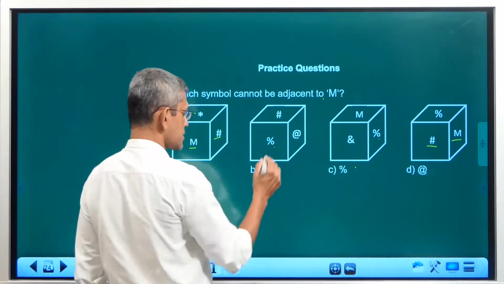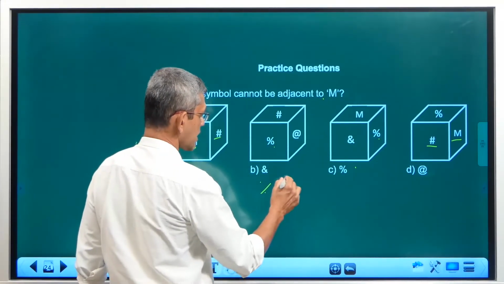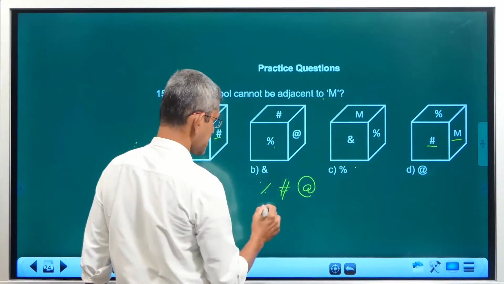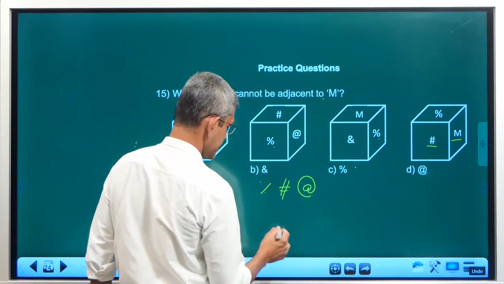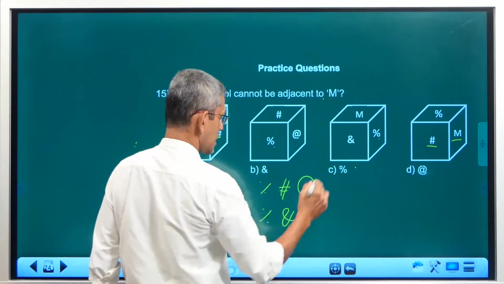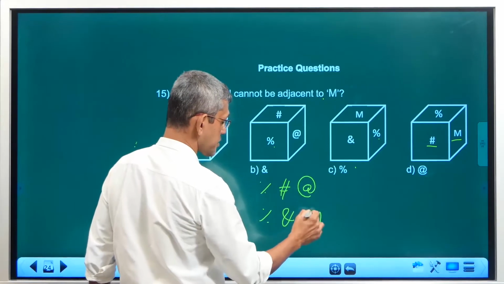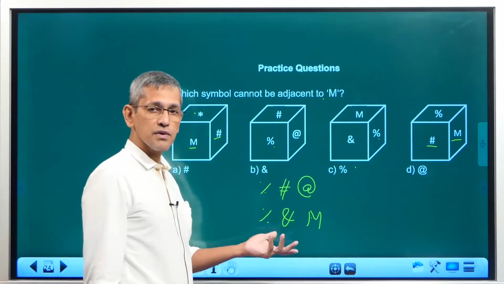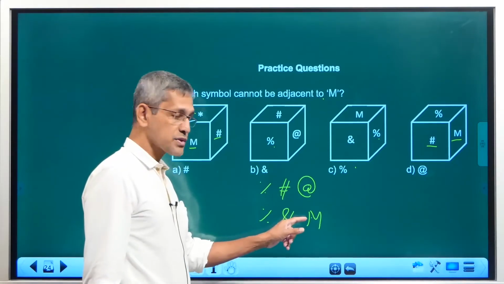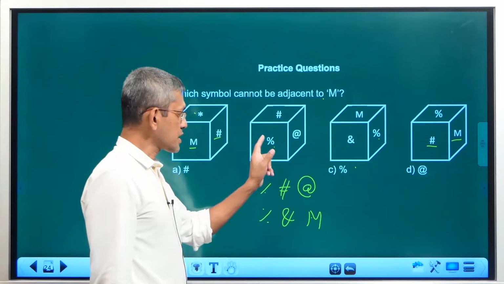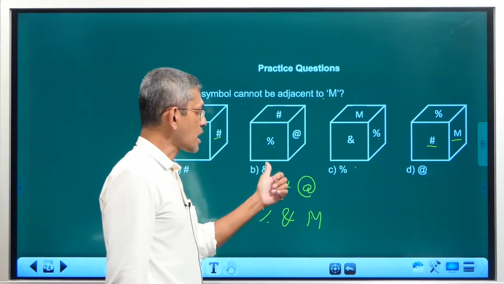So percentage, we have hash, we have at. In this case, we have percentage, ampersand. So that means the and sign and M. So M is opposite to at, or at is opposite to M. So again, we got the answer. At is opposite to M, so that means at cannot be adjacent to M. So we got it from images number 2 and 3.